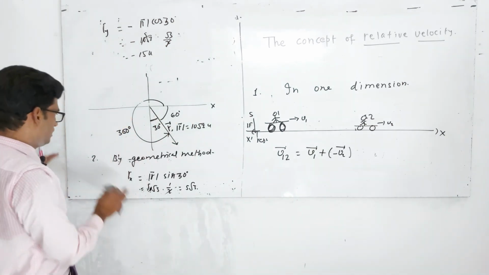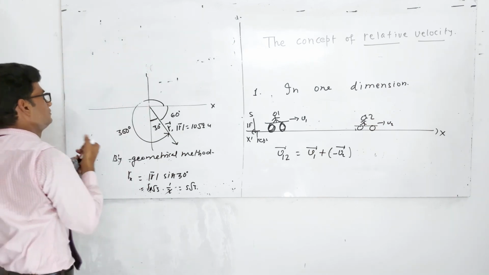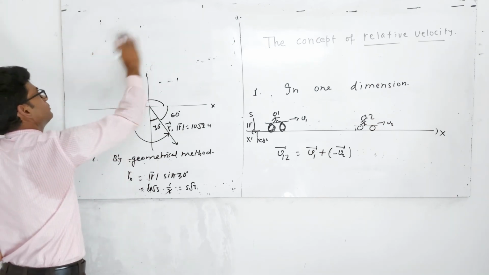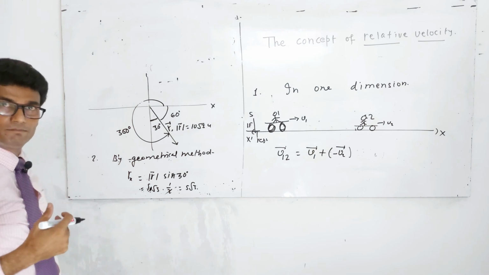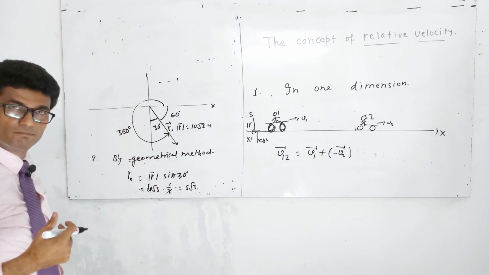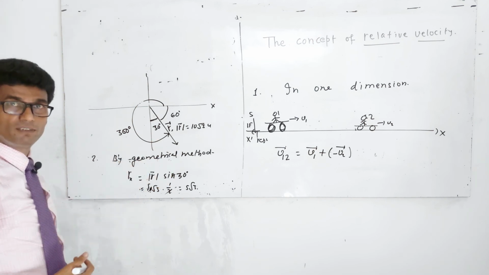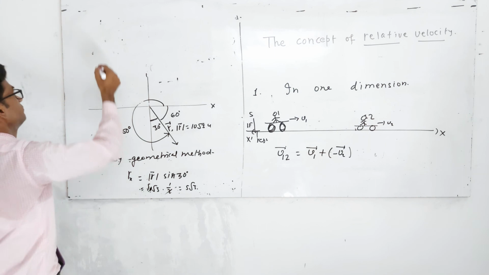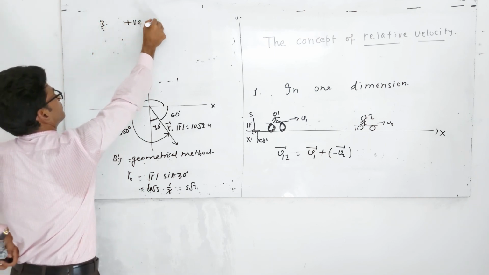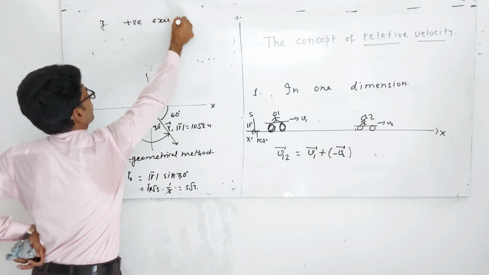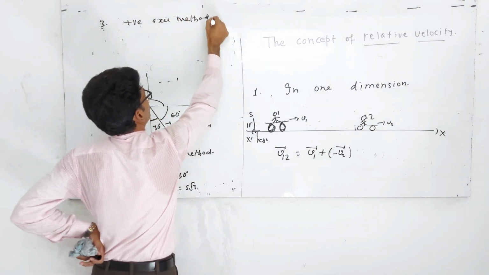Now the third method is the positive axis method. You may find it seldom, or you may not find it in any text. The third method is the positive axis method, through a smaller angle.